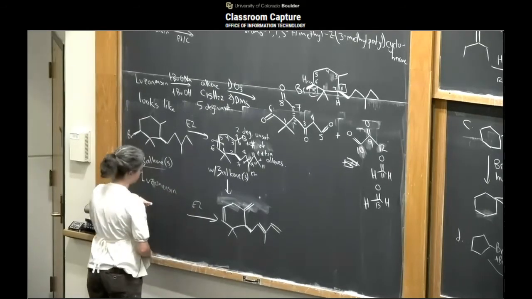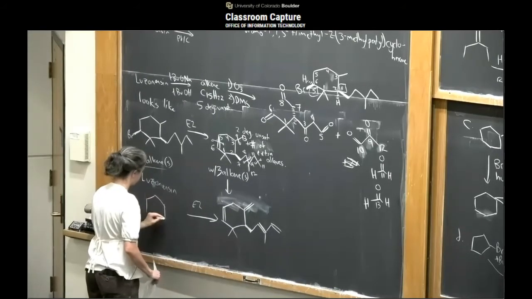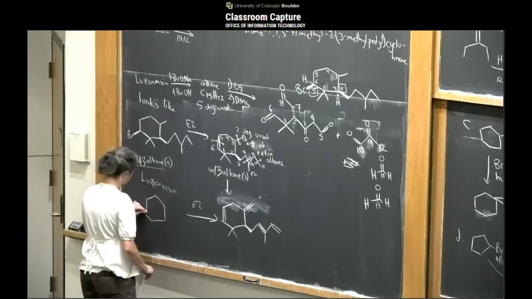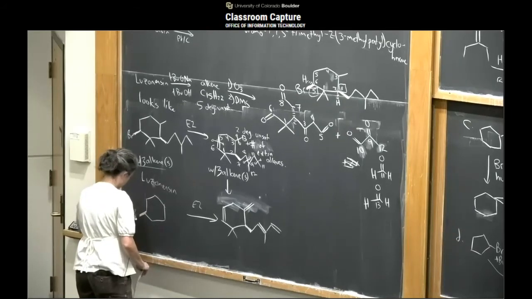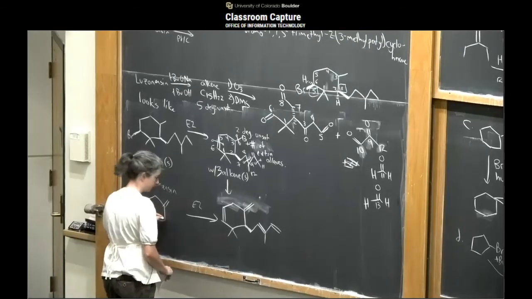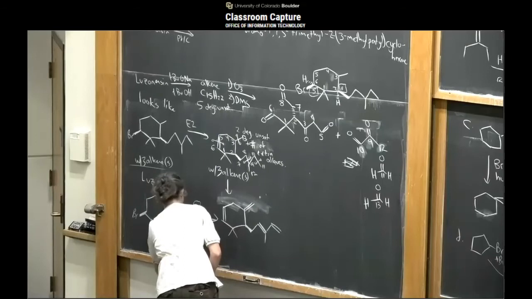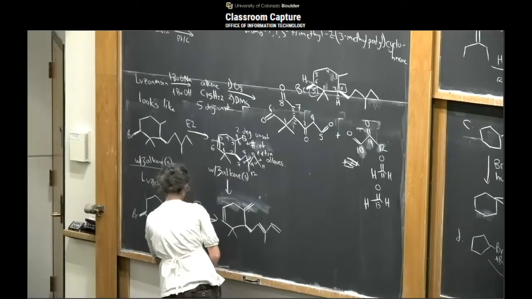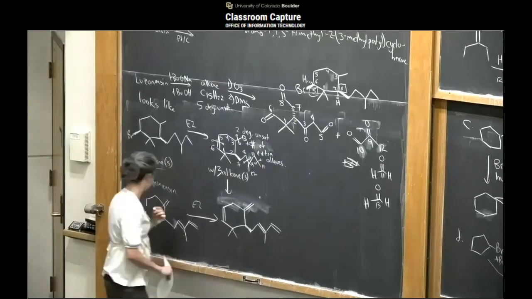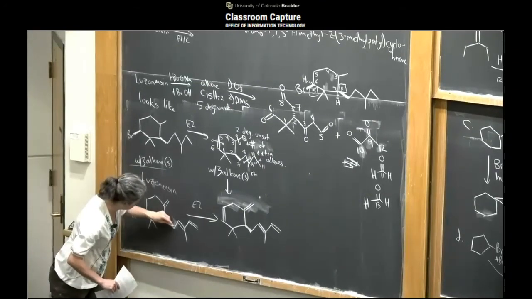So Luzonensin itself must have looked like that, but before the E2 happened, it still had its bromine on there. There we go. Oh, and that's still bolded too.